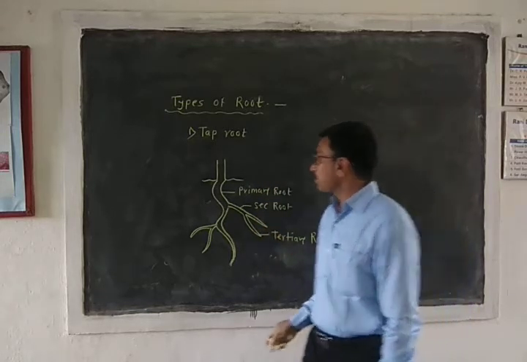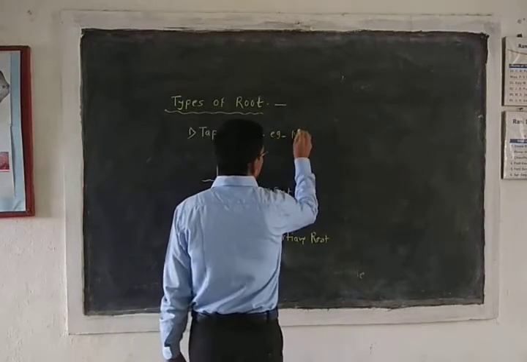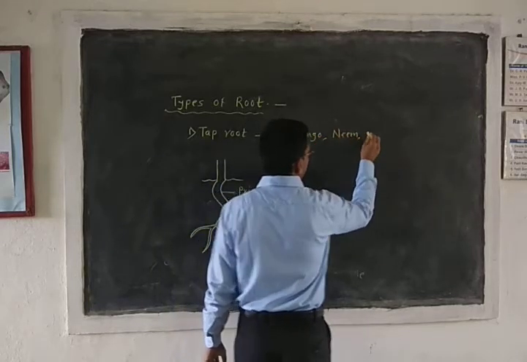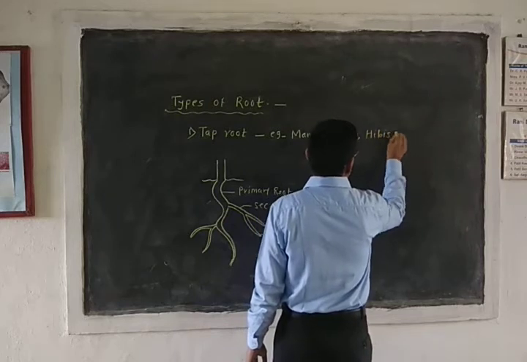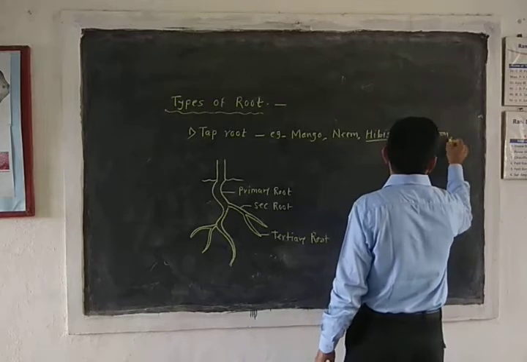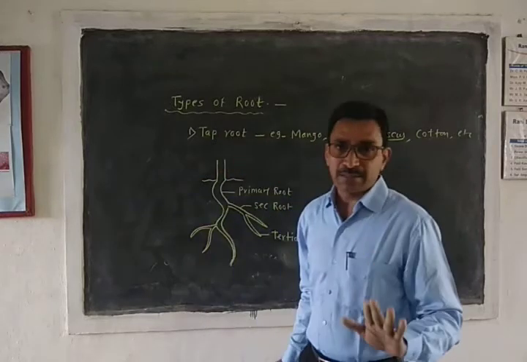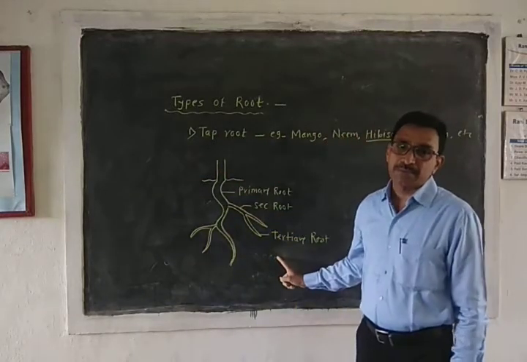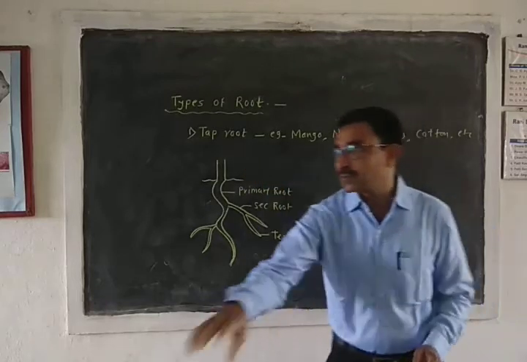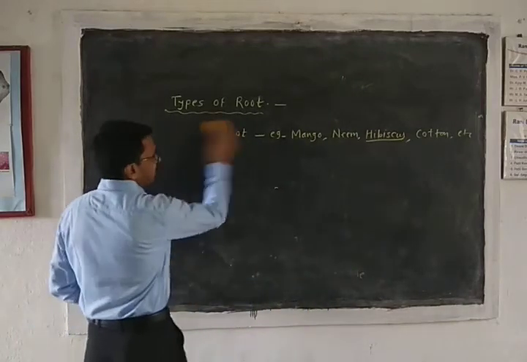And the example of taproot system is mango, neem, hibiscus, cotton, etc. All the dicotyledonous plants having a taproot system. This is all about the taproot system. And now we discuss on the adventitious root system. Second type is a adventitious root system.